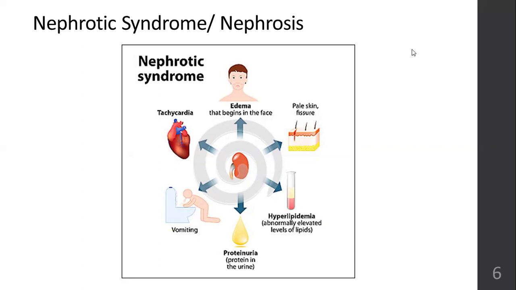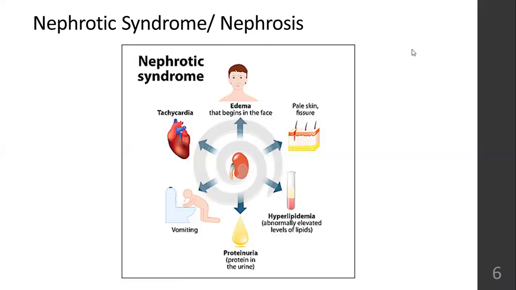Next is nephrotic syndrome. Nephrotic syndrome can be caused when you do not treat glomerulonephritis on time. It can transform into nephrotic syndrome.